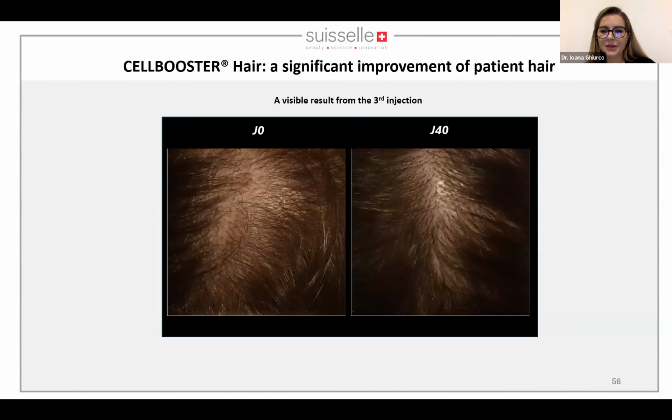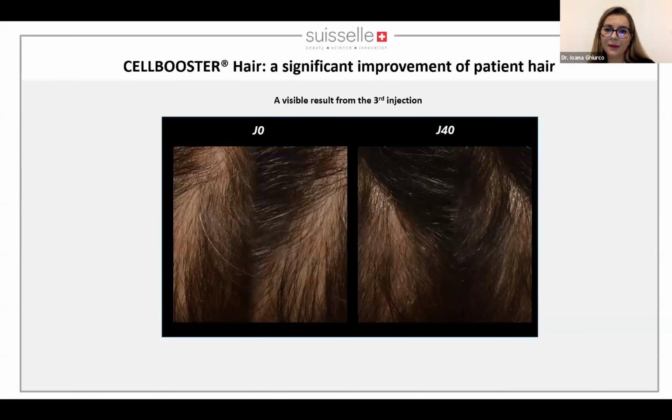Some photos of the patients that participated in the study. You can see this is not even at the end of the treatment, it is in the middle after 3 sessions, and we already see a very good improvement in the hair density and thickness. Next slide. Another one at 3 weeks. Next.